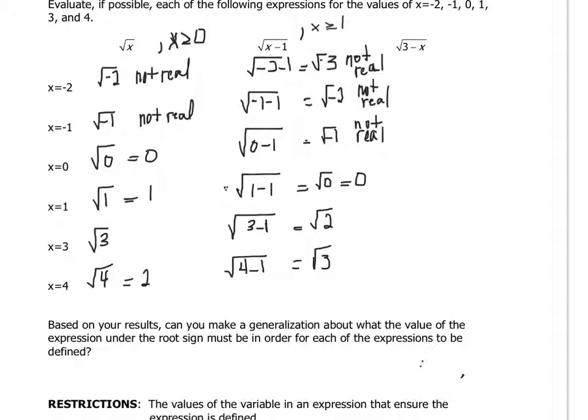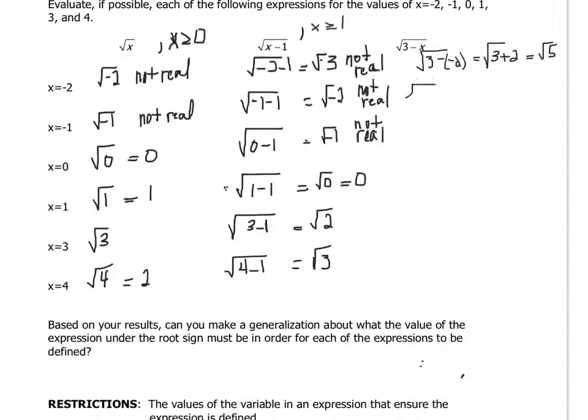So now if we look at the last expression and plug in the different values of x, the first one is -2, so this would be the square root of 3 minus -2, which becomes the square root of 3 plus 2, which becomes the square root of 5, which is a defined value.